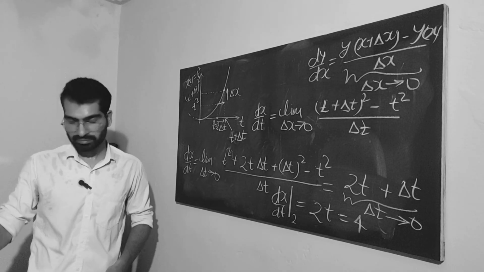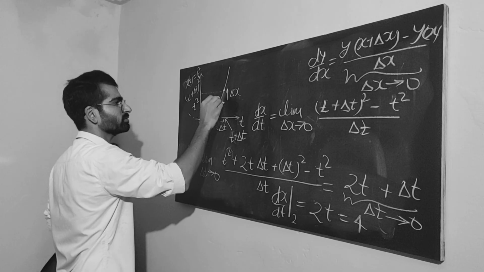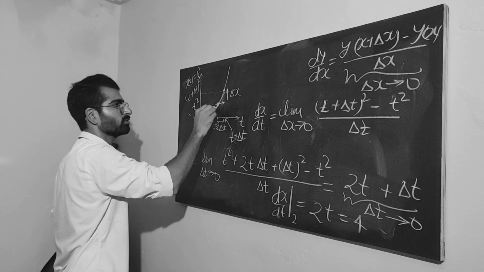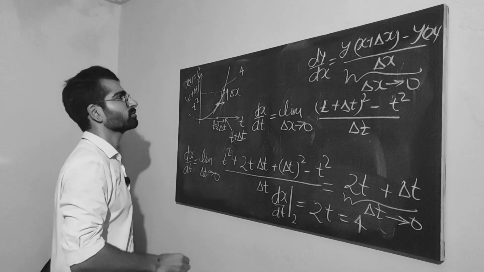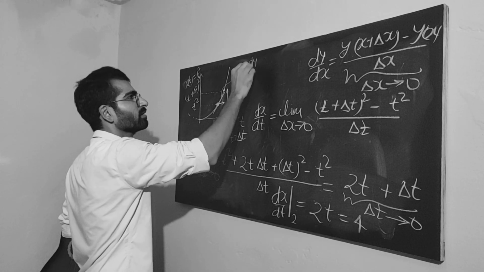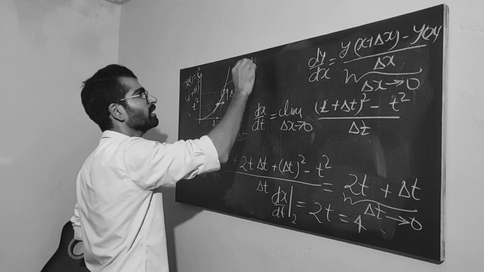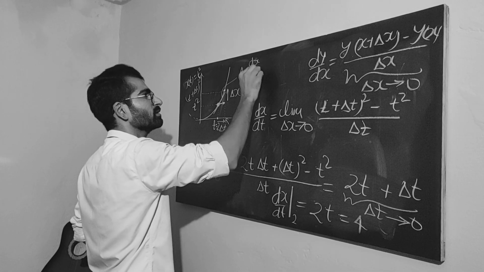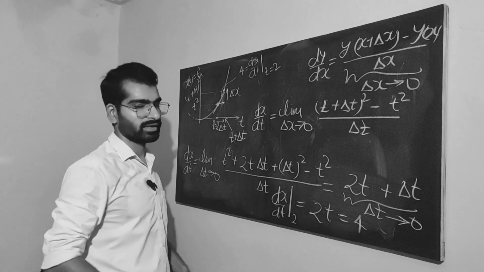So the derivative at time 2 is 4, so this slope's value is 4. So this is dx dt at time 2 seconds.